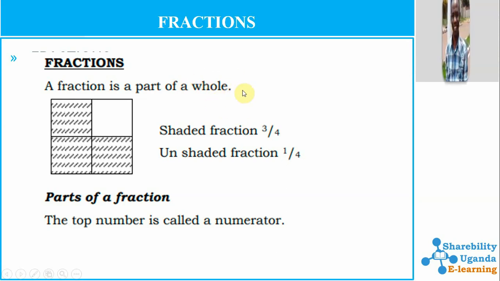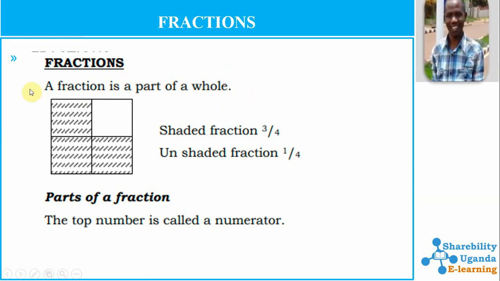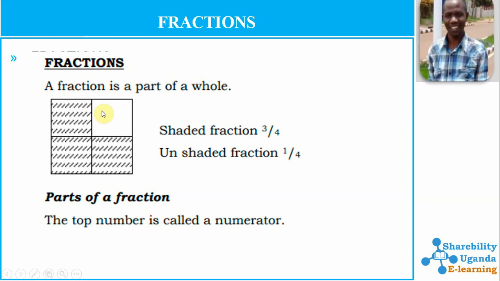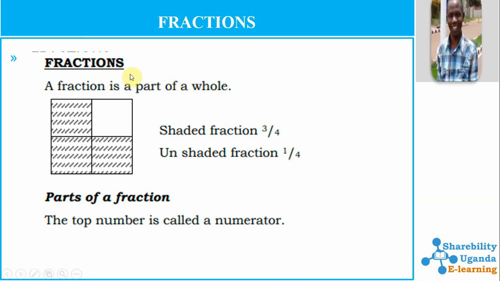It might be a mango, a tomato, or I know some of you take what we call watermelon. When they are selling, they just give you a piece of it. So that's what we simply mean by a whole, the total sum of it, and then you take just a portion of it. That's how we can really understand the so-called fractions.